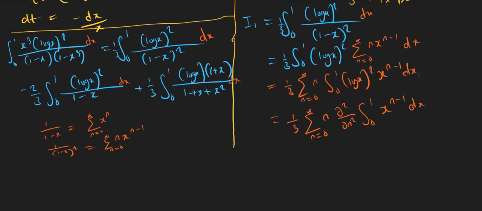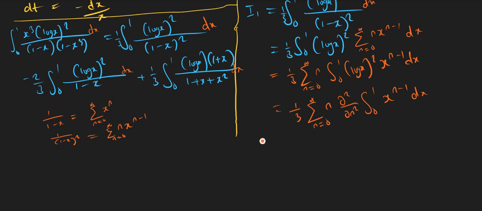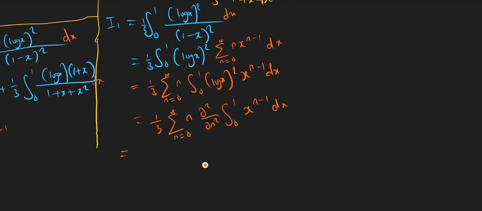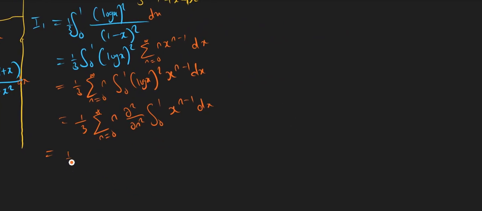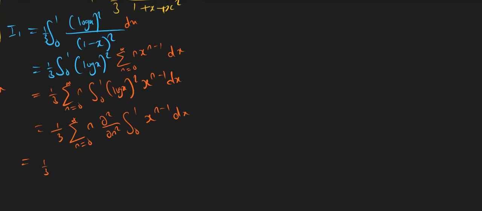So if we continue in this fashion, this is equal to 1/3 of the sum as n runs from 0 to infinity of n, partial squared partial n squared times, the derivative of this will be 1 over n.